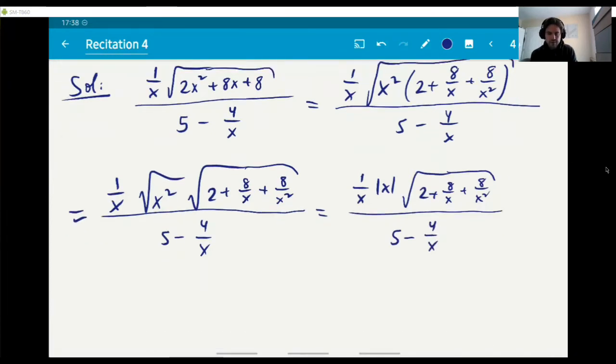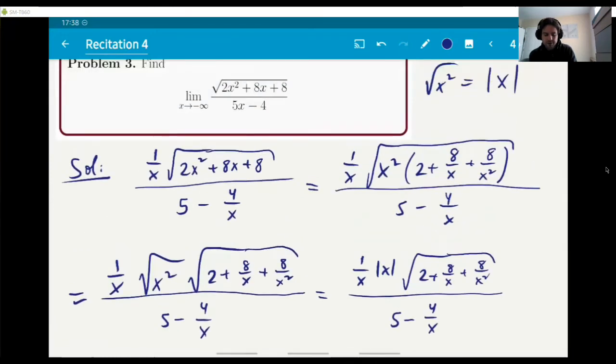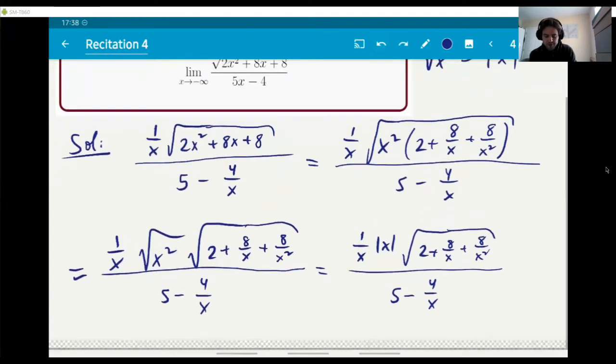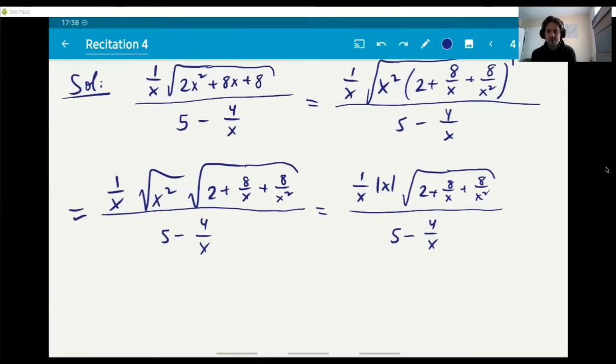And now let me scroll back up so you can see what limit we're taking. x is going to minus infinity, which means we're only interested in numbers x which are very large but also negative. This means that this absolute value of x right here, we can replace with minus x.